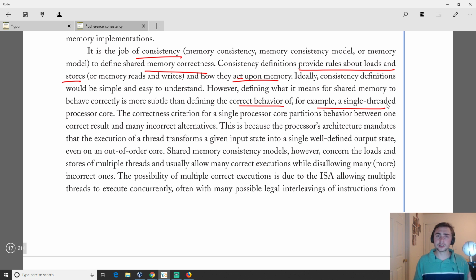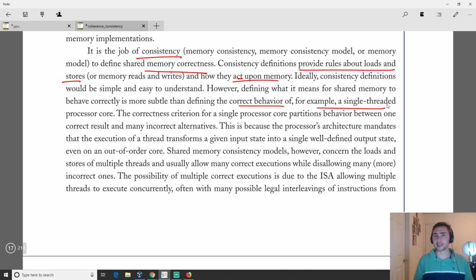When we have a single processor core, which can be an out-of-order core, at the end of the day we'll have one thread and a single instruction stream, and our correct output will just be the end of execution, where all programs have completed, and to the programmer it seems like they've all completed in program order.